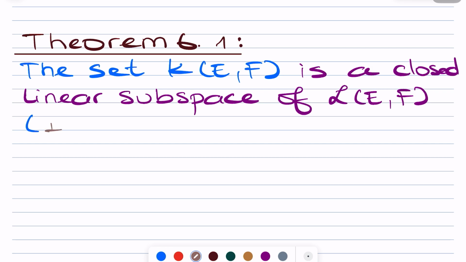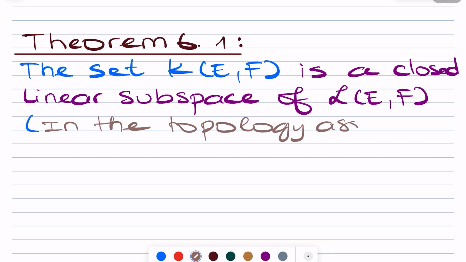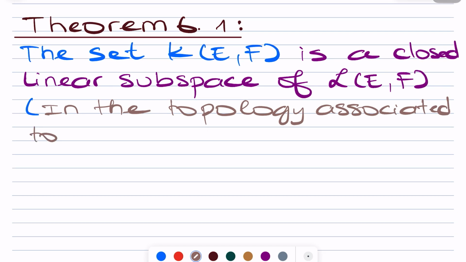So this is closed in the topology associated to the operator norm.